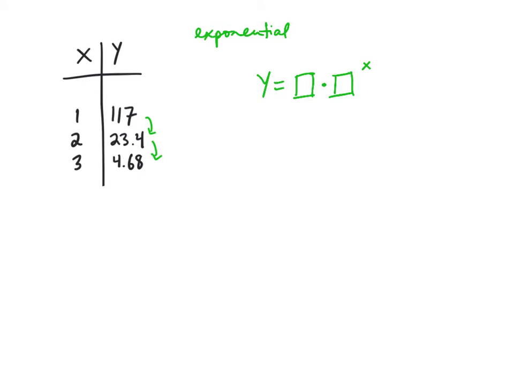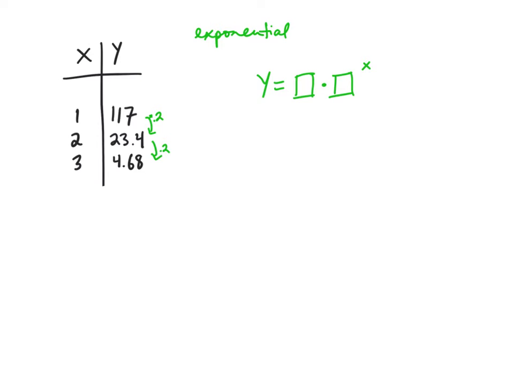I definitely don't know what this is multiplying by with these decimals. So all I'm going to do is divide backwards. 4.68 divided by 23.4, and I get 0.2. 23.4 divided by 117, and I get 0.2, which makes sense because that number is less than 1, and what happens when you multiply by a number that's less than 1?